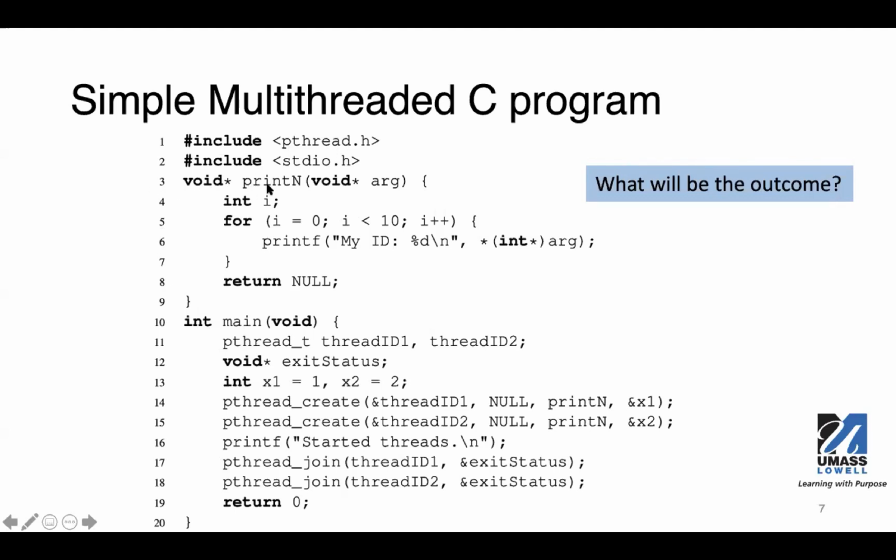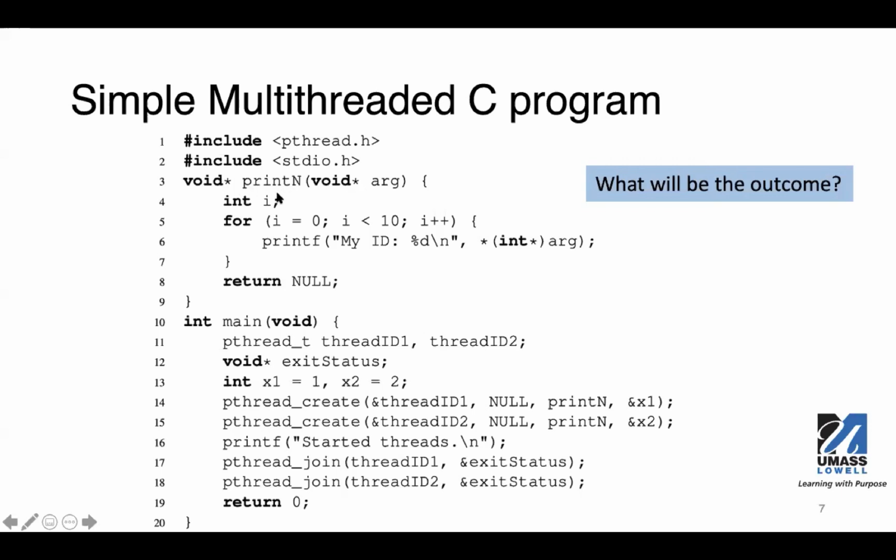Let's see what this function does. It's called print n. It returns a null pointer, and it takes one argument, a void pointer, which is a pointer to an address that's not really typed.